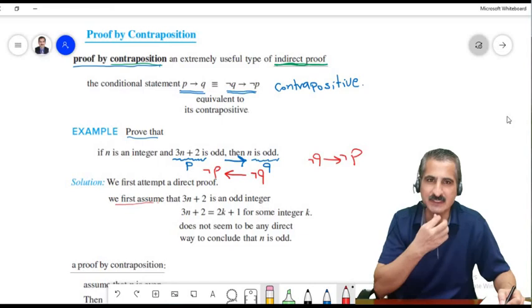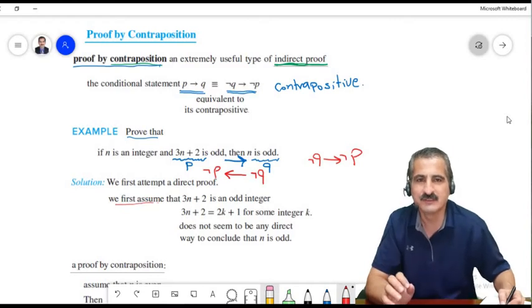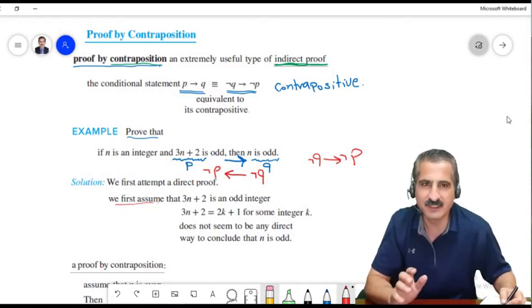So what we do here, I want to show you that if we think to work a direct proof, then we will reach a dead end. It will not be helpful. So direct proofs, the ones we learned already, are not the appropriate way to use.